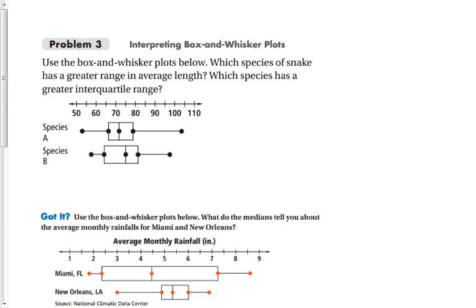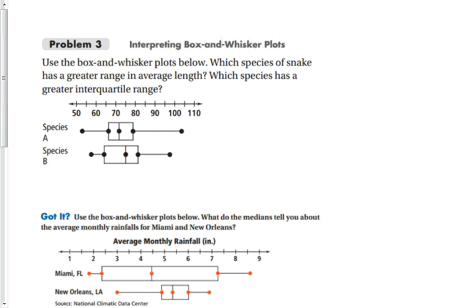All right, once we have box and whisker plots, we can use them to interpret differences in data sets. In this case, we're looking at two different species of snakes, and the first question says, which species of snake has a greater range? The range is reflected by the length of the entire plot.